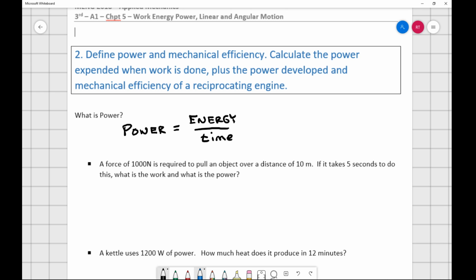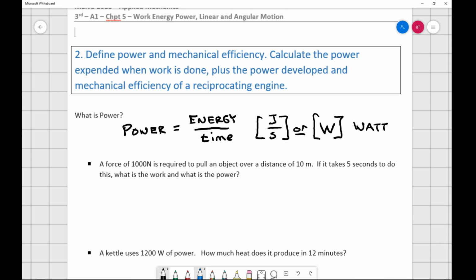So now we talk time, so any place where we have seconds, hours, we've got power. Units are going to be energy, so joules per second, and that has its own unit, which is known as a watt, capital W, named after James Watt.